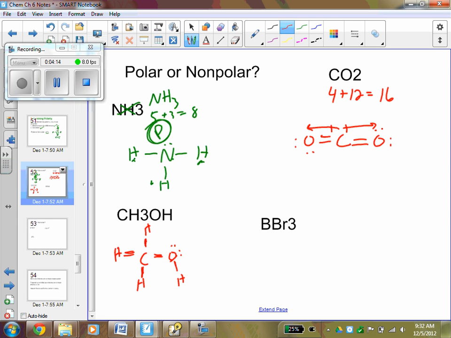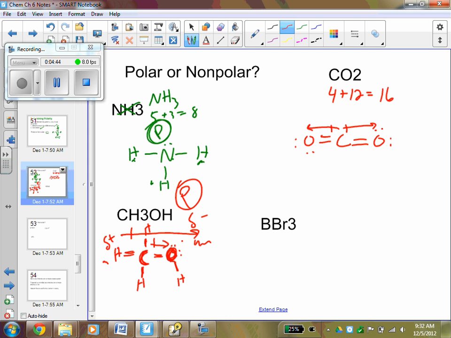Okay, we have a nonpolar bond here, but this is a little bit more electronegative in this direction, so the electrons want to come to this side of the molecule, making this side slightly negative and this side slightly positive. If we take a closer look, carbon is tetrahedral, but oxygen is bent, and bent molecules are always polar. So this bentness of the oxygen causes the electrons to drift over to this side and not from this side, so they drift to the right. Therefore, I have a polar molecule.